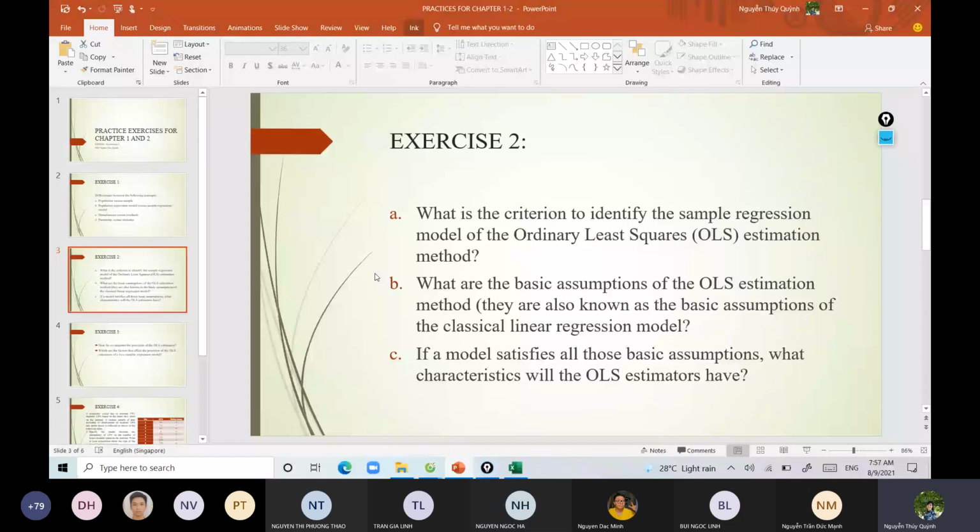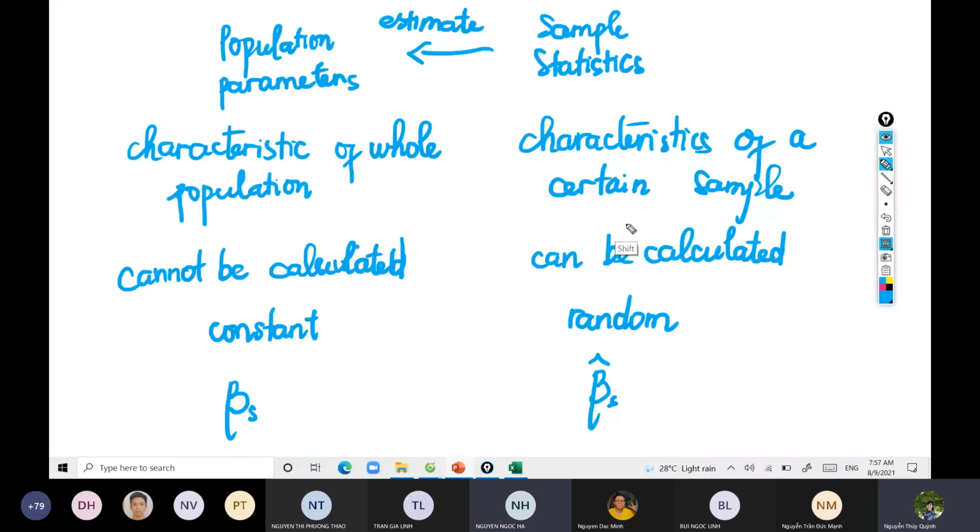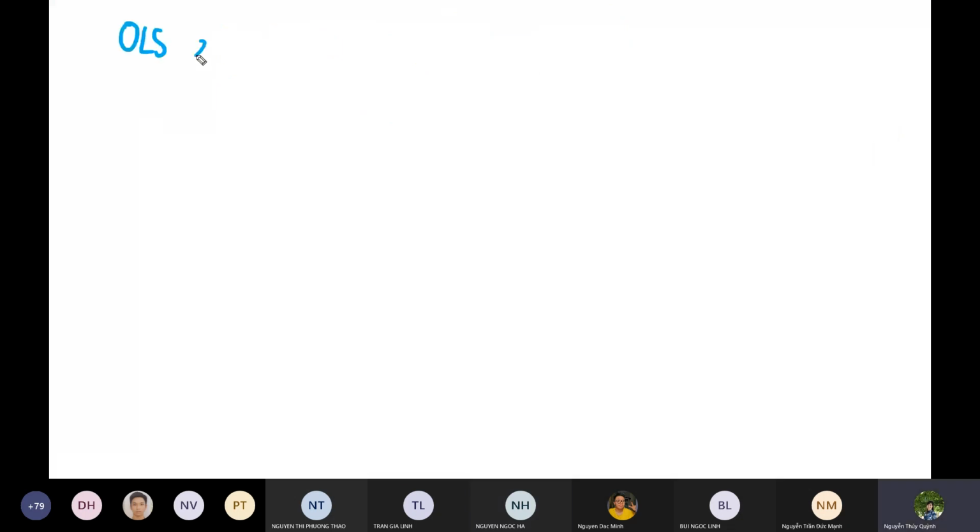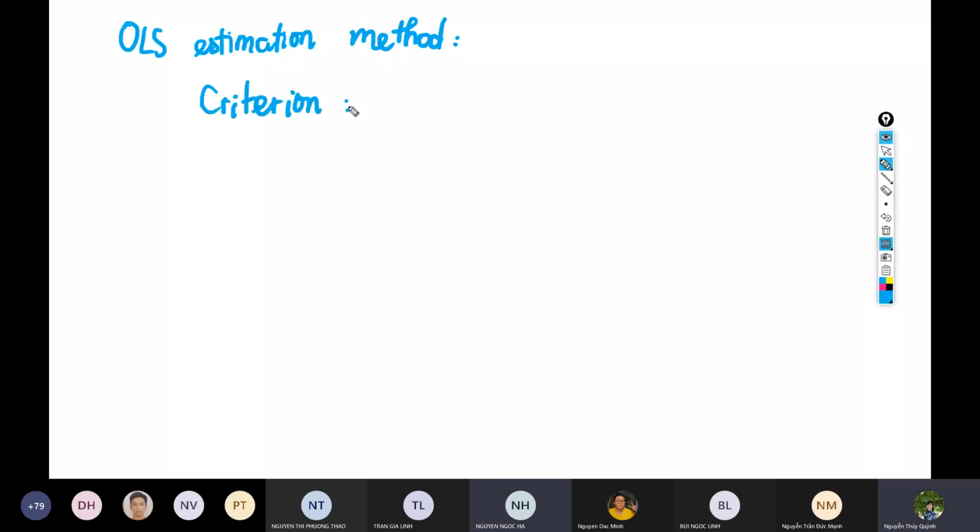So the criterion to choose the sample regression model with the OLS estimation method is that the sum of all residual squares is minimum.